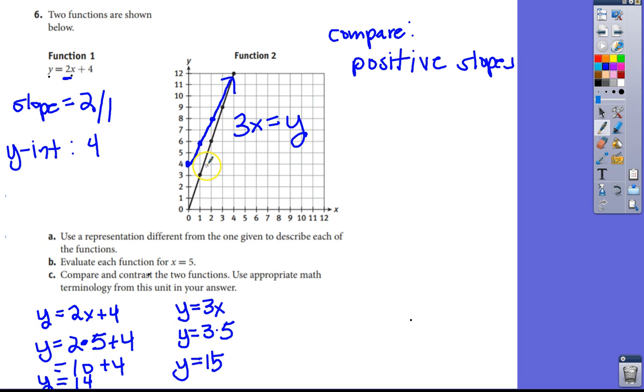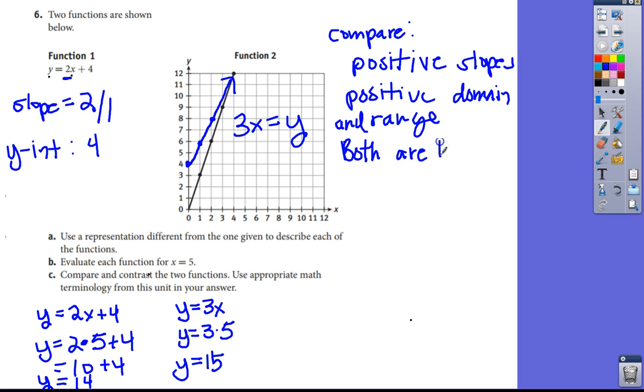We know that they both have positive domain and range. So what that means is all of our x's are positive and all of our y's are positive for this graph. The positive domain and range. They both are linear because they're both lines.